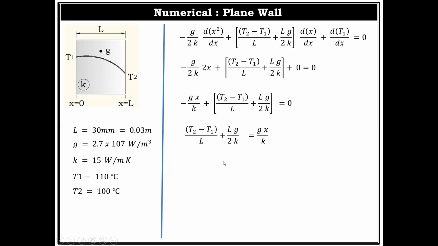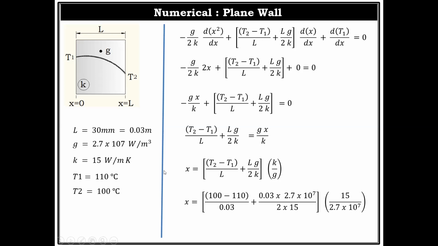Now either we have to find the maximum temperature or we have to find the location. But in this form, T1 is there, T2 is there, but a T max term is not mentioned here. But location X is there. So we are going to rearrange this whole term to find X. So X is equal to this whole thing, and G by K, if we shift to the left-hand side, becomes K by G. Now put the values.